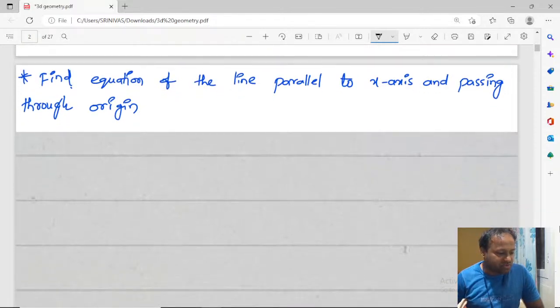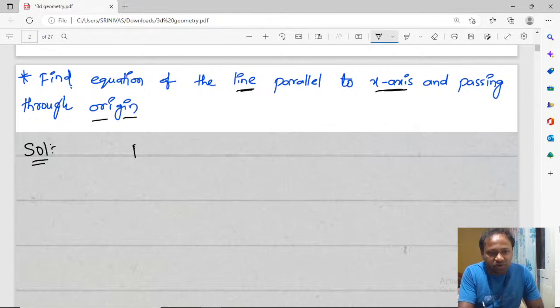Okay, so if you know the answer, you can say the answer directly. See next one. Find the equation of the line parallel to x-axis and passing through origin. Okay, so the point given is the origin.